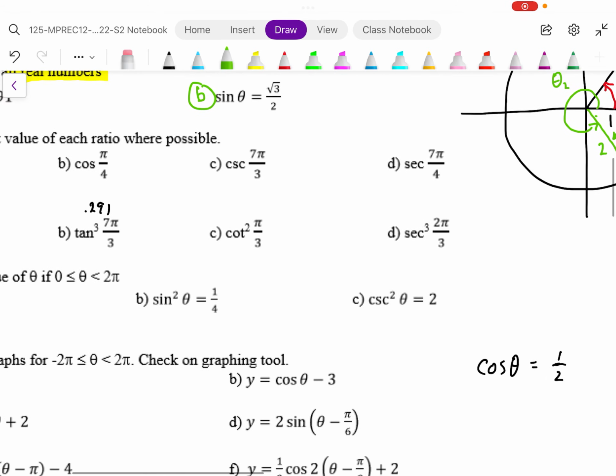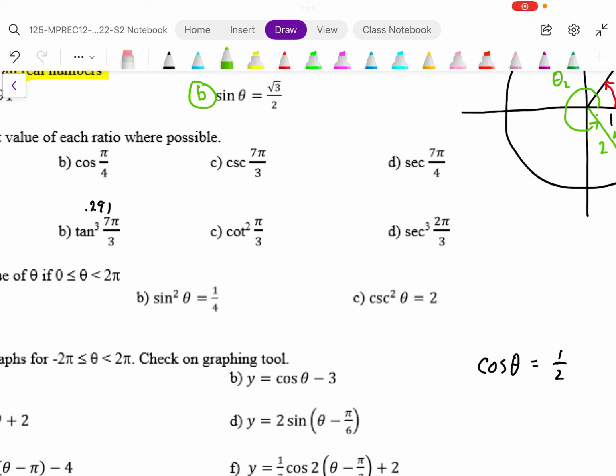For part B, we have sine squared, but we want to solve for sine first. That involves first undoing the square, so we get plus minus 1/2.